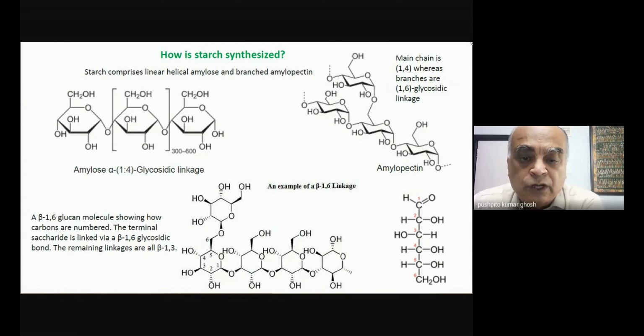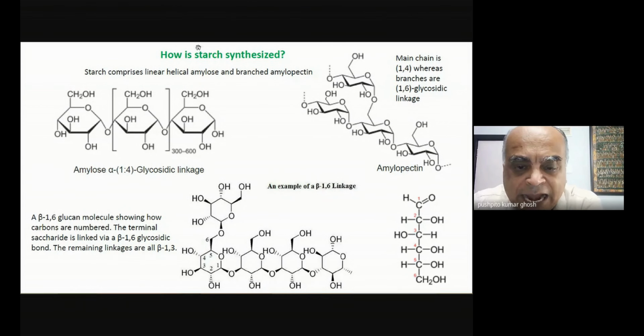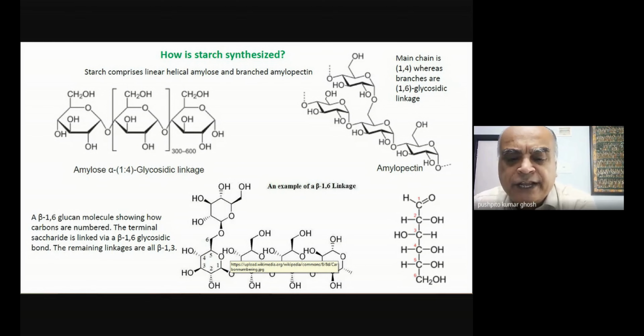Now, one way to form a chain, and this is what nature typically does, is that it combines the OH from one, this part here, with the OH of the third carbon, and it forms an oxygen bridge, which is known as a glycosidic linkage.